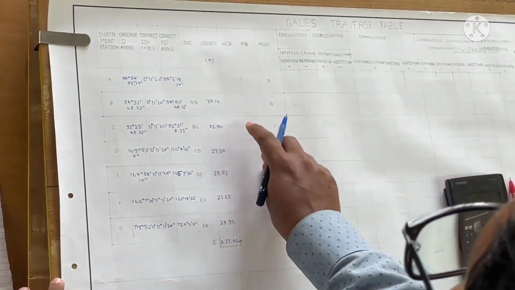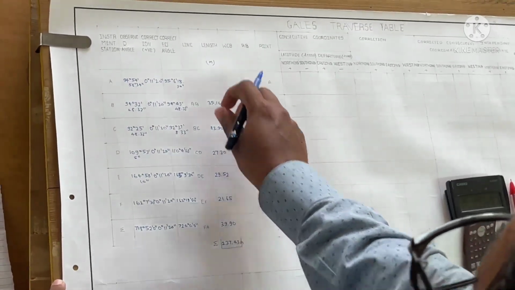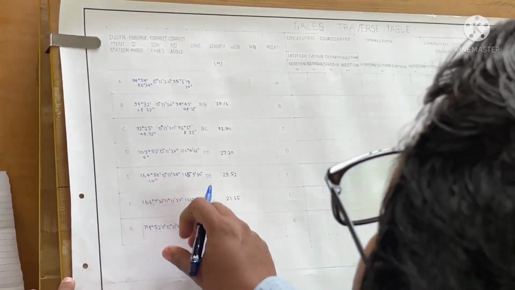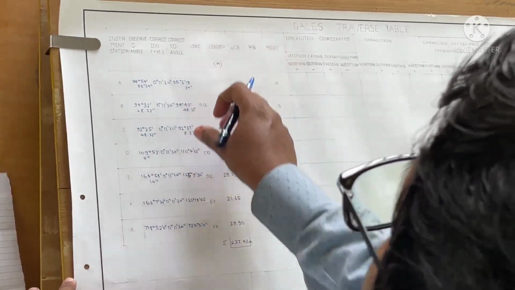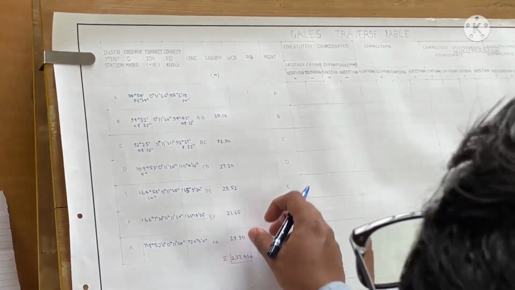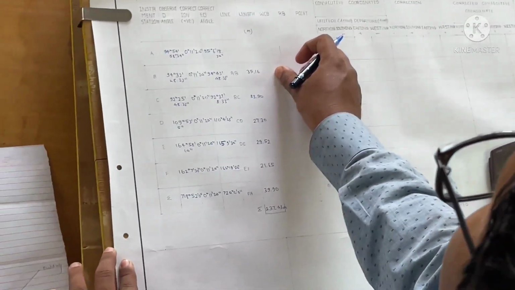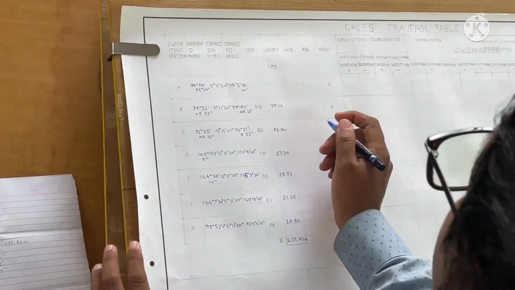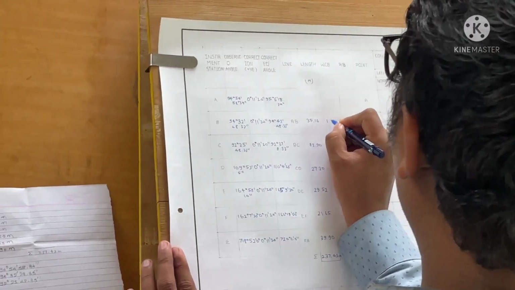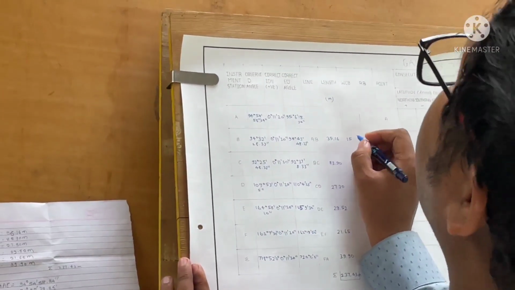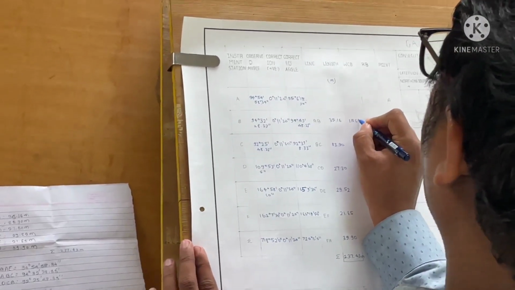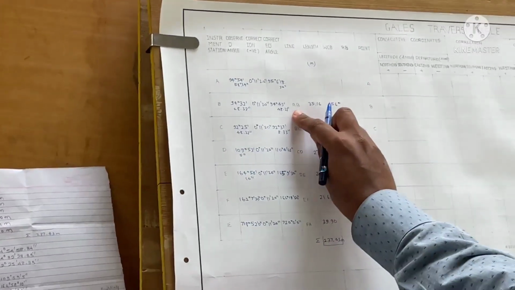So now, we have the corrected angles and lengths. According to that, we have also measured the WCB of the starting line of the traverse, which was 156 degree, of the line AB.